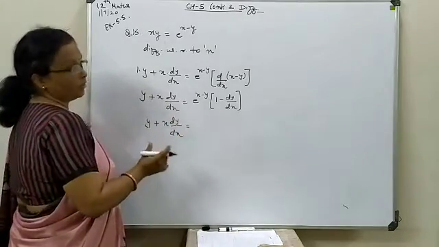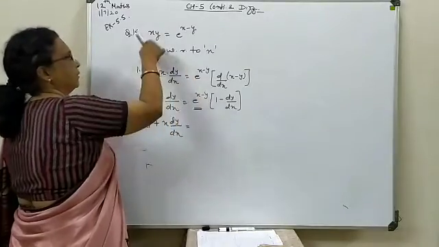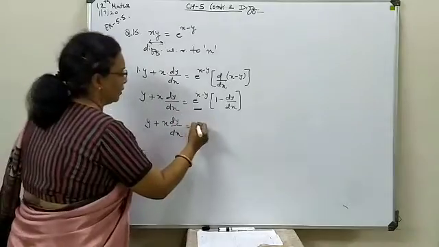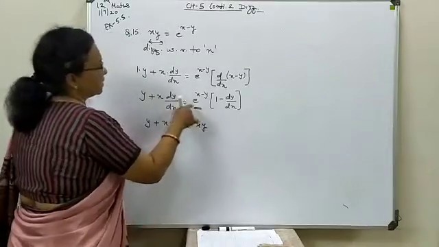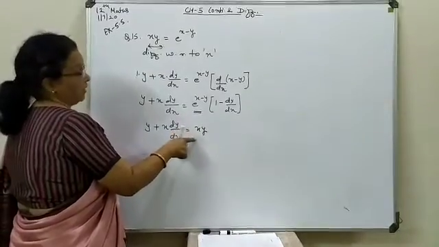Now here, to get the shortest form of the answer, you can replace this e power x minus y by xy, here or afterwards also. So here we are going to write this e power x minus y as xy to get the shortest form of the answer.